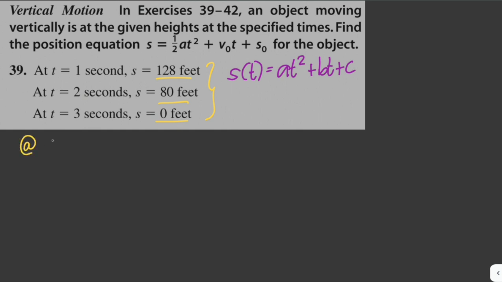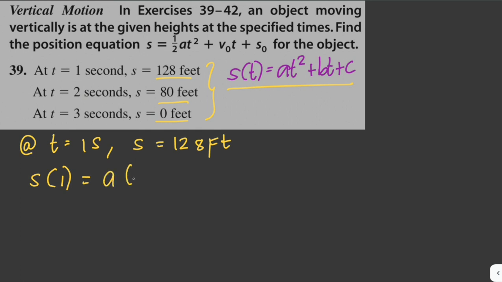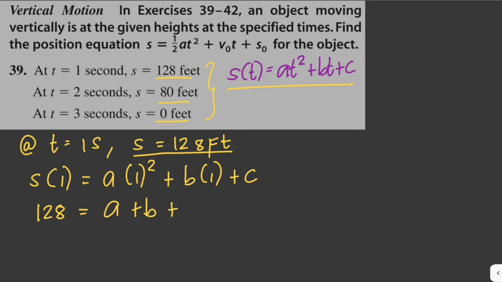Alright, so at t equals 1 second, s equals 128 feet. So s of 1, using this standard form of the equation, is a times 1 squared plus b times 1 plus c. And s of 1 is equal to 128, so we substitute that here. So this is just a plus b plus c, our first equation.